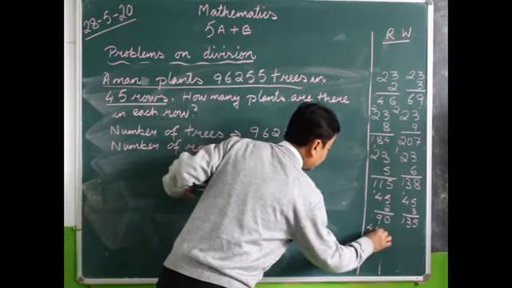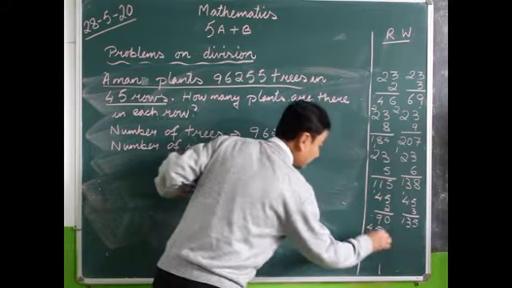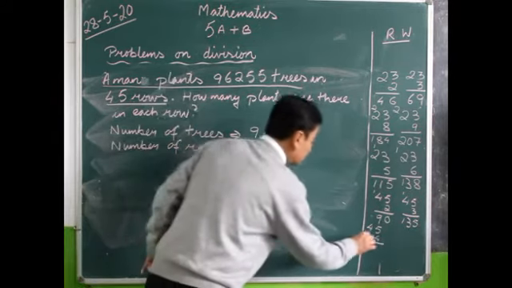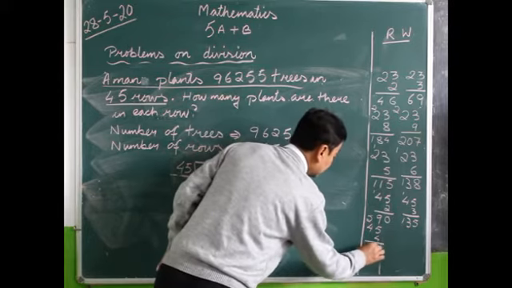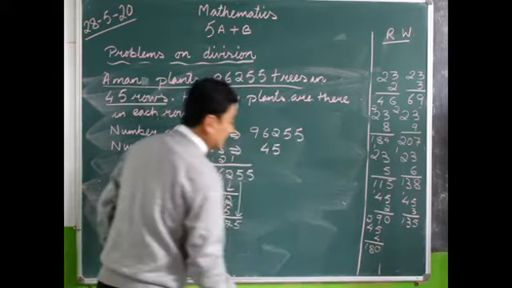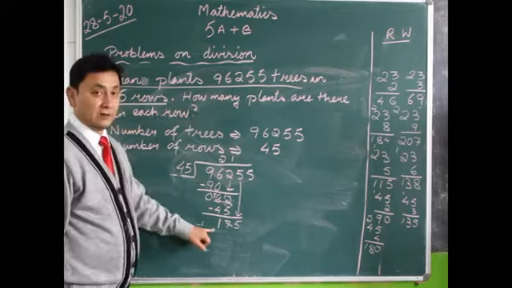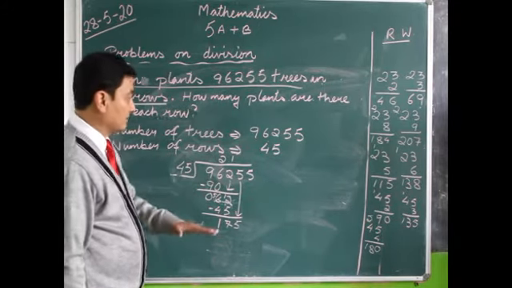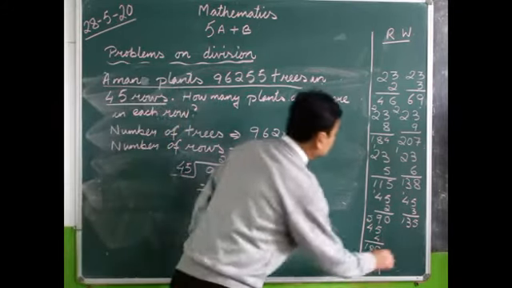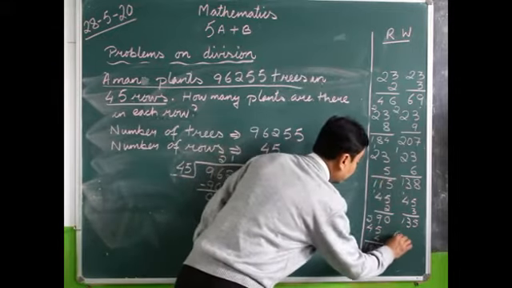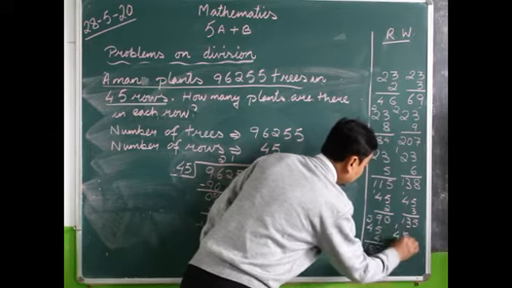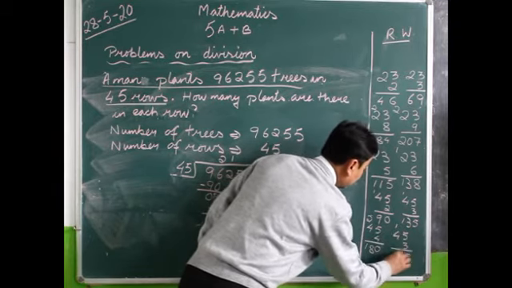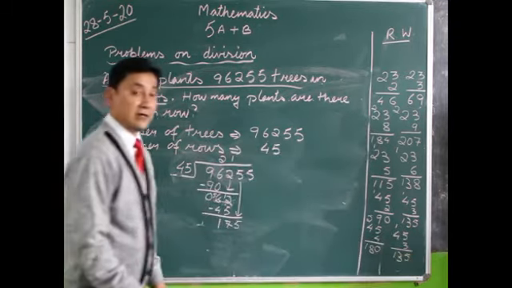45 fours are. We could have come down one step, but let's do it this way. 4 fives are 20. 4 fours are 16, 17, 18. Can we put that there? No. So we have to come down once. So 45 threes are. 3 fives are 15, 3 fours are 12, 30, 135.